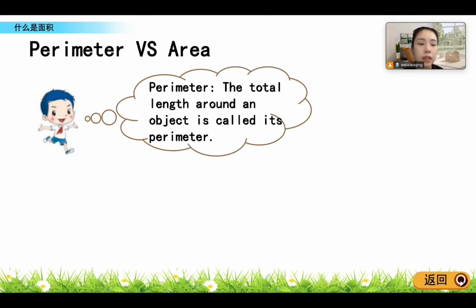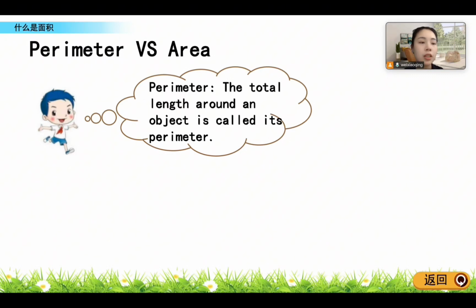We have learned about another property of shapes before. Do you remember perimeter? Now, take our desk as an example to distinguish between perimeter and area together. Please use your finger to touch the perimeter of the desk.